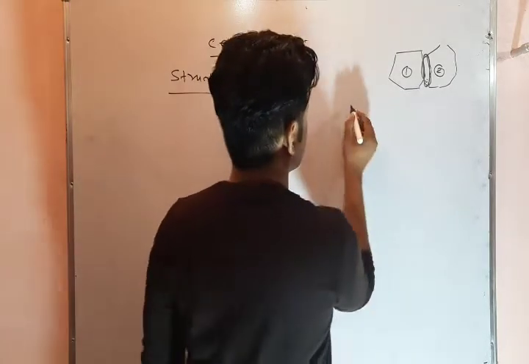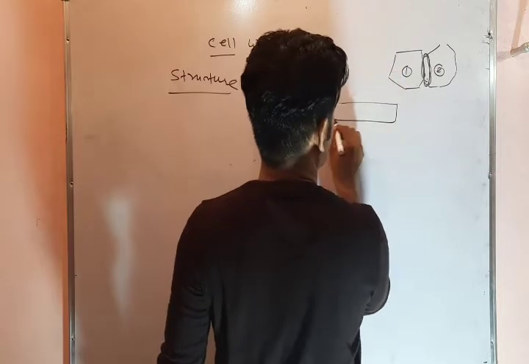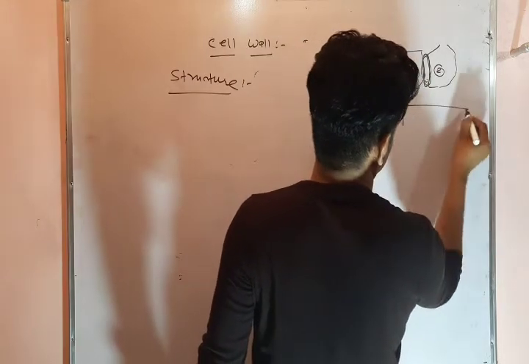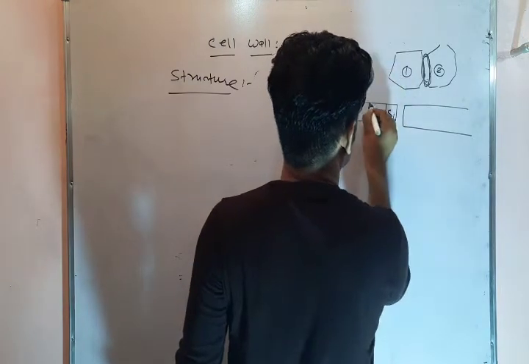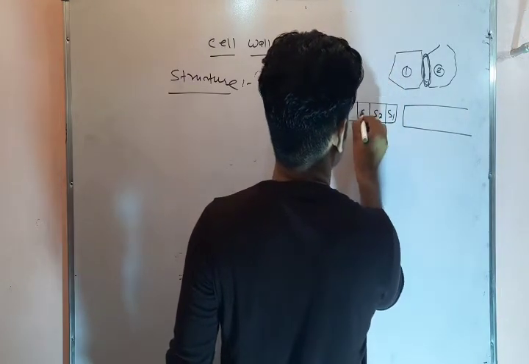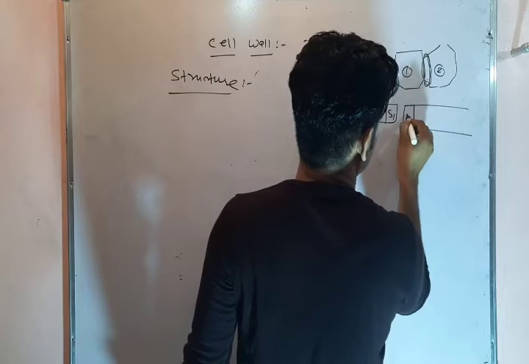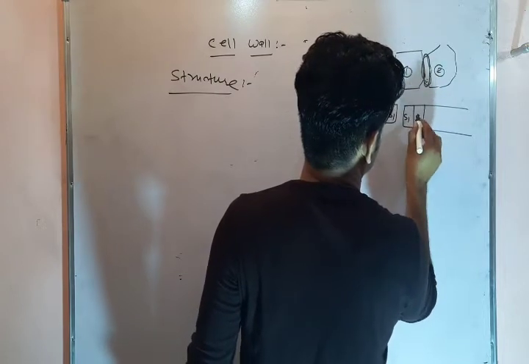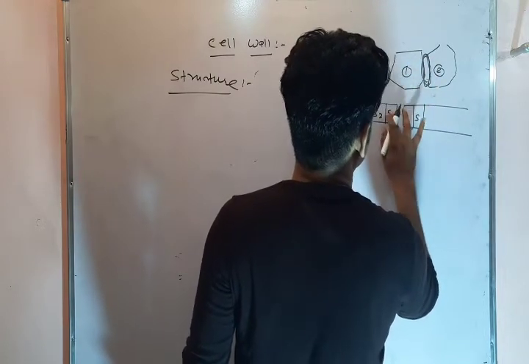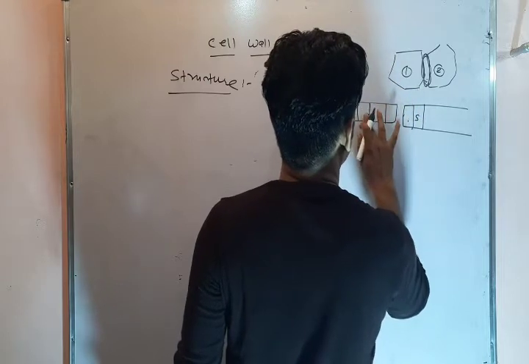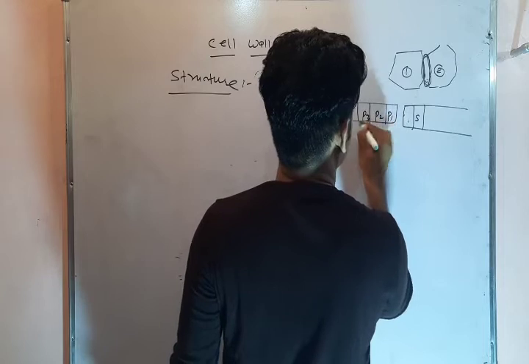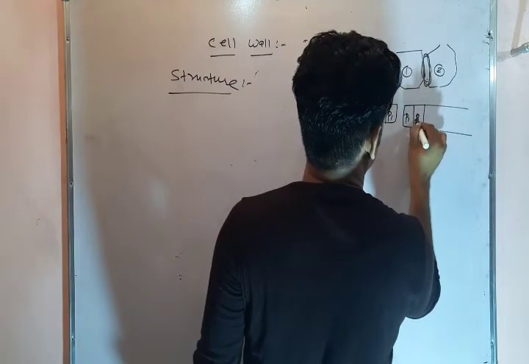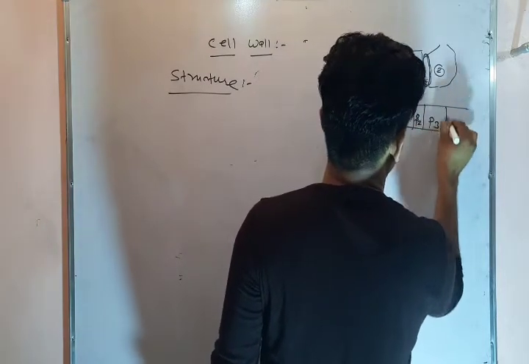Draw a diagram of the cell wall. This one is S1, this one is S2, and this one is S3. Okay, you can write P1, S1, another P1, P2, and P3, P1, P2, and P3.